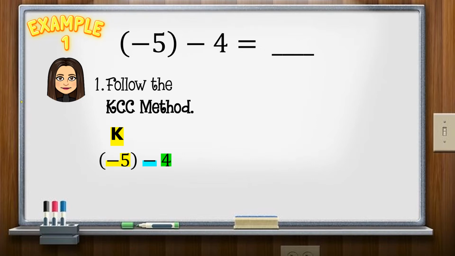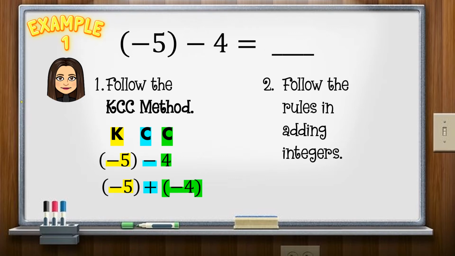Our minuend here is -5, so we will keep it as -5. Then C, change the sign of the operation. From subtraction sign, we will change it into addition sign. Then C, change the sign of the subtrahend. Our subtrahend here is positive 4, so we will change it into -4.